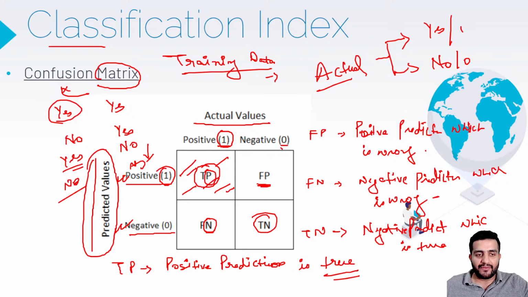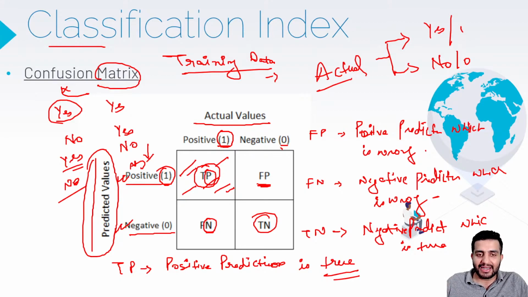So we have to understand what we mean by all of these individual terms. We talk about true positive, false positive, true negative, false negative. FP, false positive: predicted positive but false. FN: predicted negative but false.